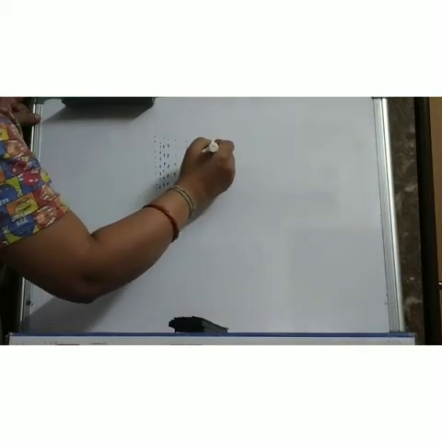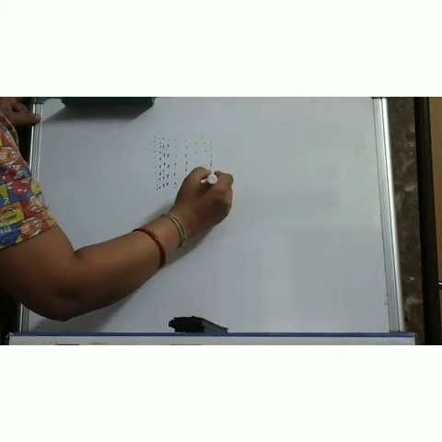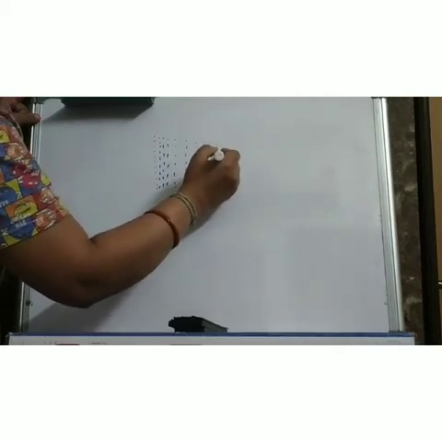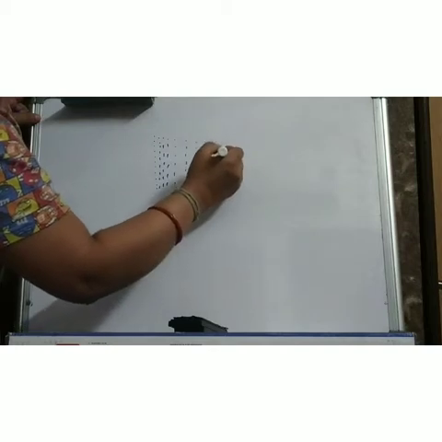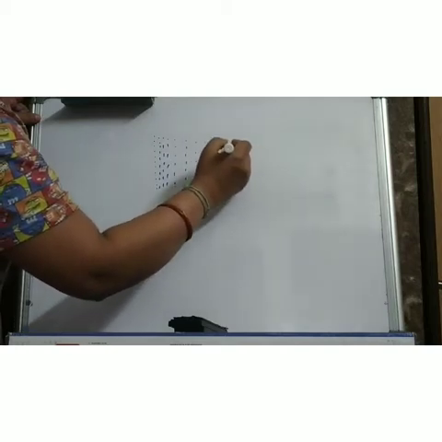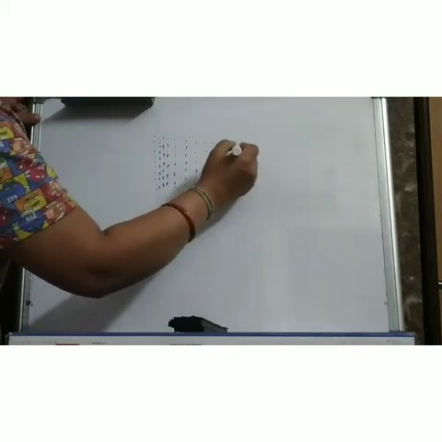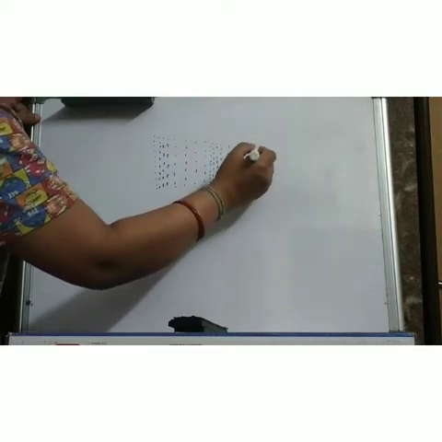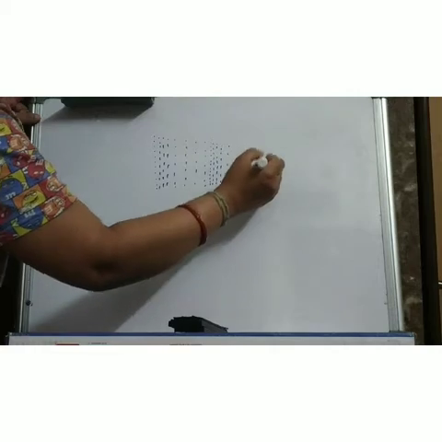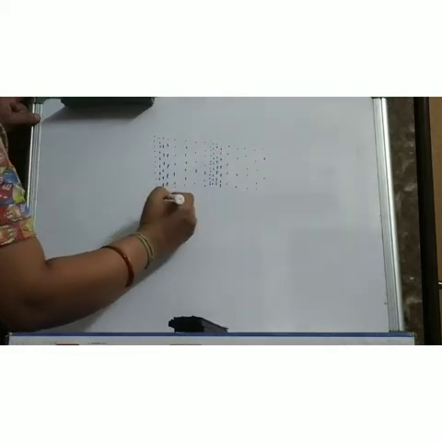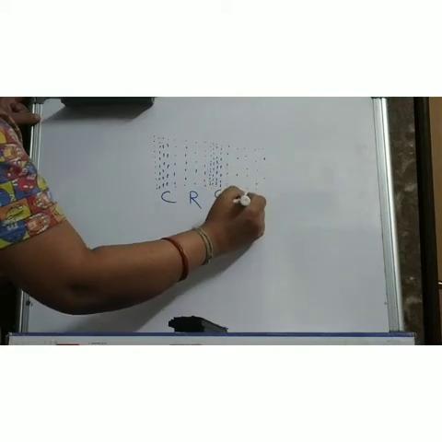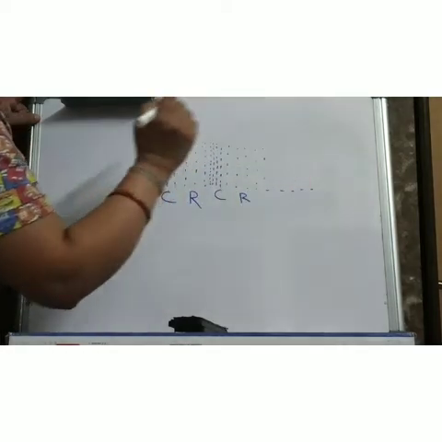Now again here you will see compression and again you will see rarefaction over here. Like this you will see your sound wave is traveling. So this is compression, this is rarefaction, again compression, again rarefaction, and it will go on like this.